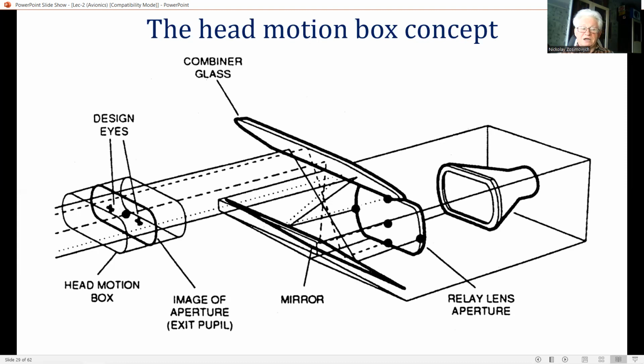It literally becomes a case of now you see it and now you don't, as the head motion box limit is reached. Modern holographic HUDs are designed to have a reasonably sized head motion box so that the pilot is not unduly constrained. This figure illustrates the head motion box concept.